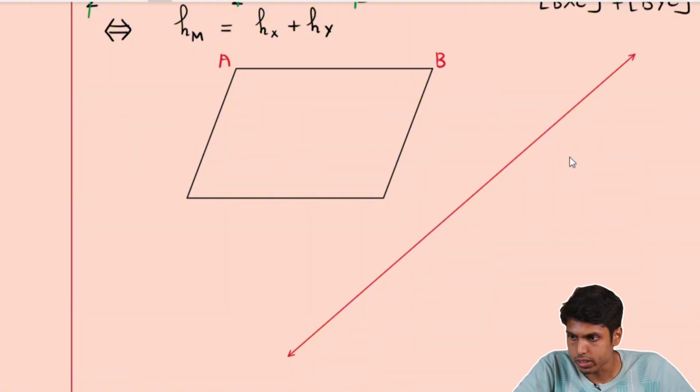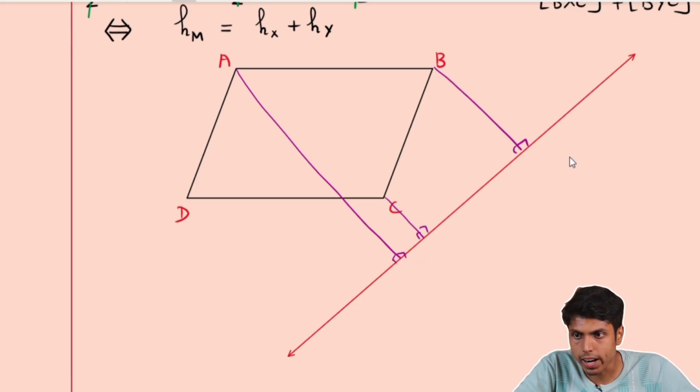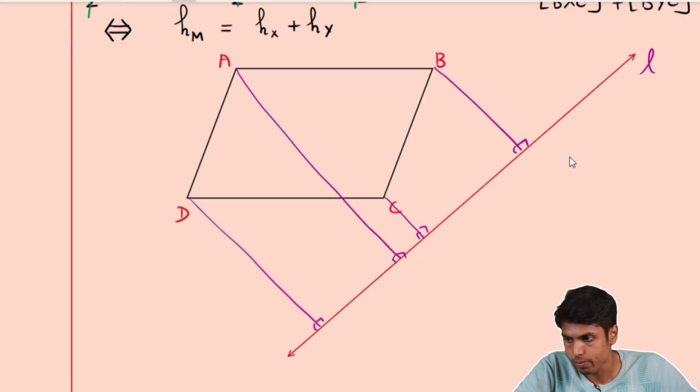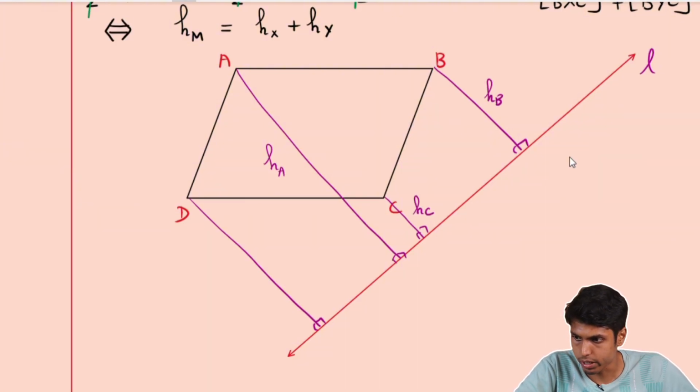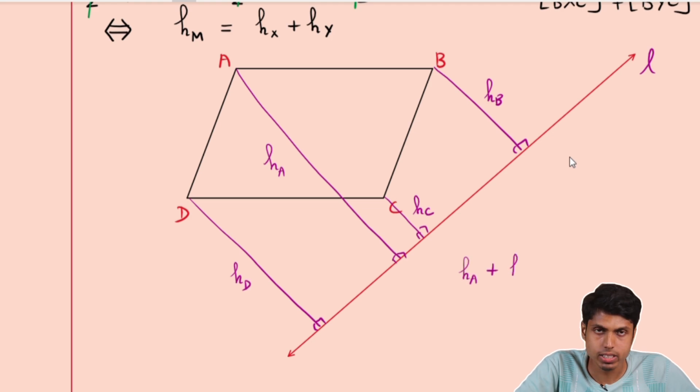Call the vertices ABCD. Then drop the perpendiculars from the vertices of the parallelogram onto that random line outside the parallelogram. Let HA be the length of the perpendicular from A. Similarly, HB, HC and HD can be defined. Then it turns out HA plus HC equals HB plus HD.